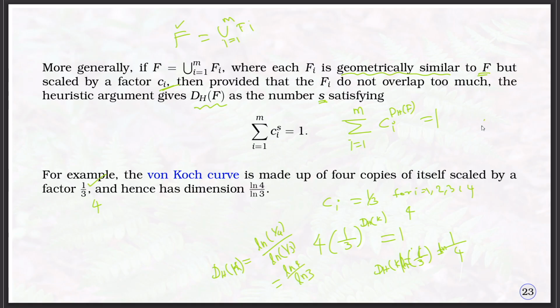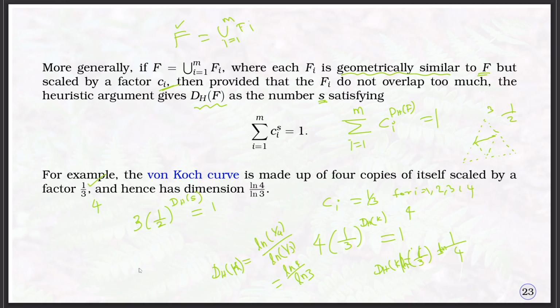Similarly, if you consider the Sierpinski triangle, here the scaling factor is 1/2. There are 3 copies in each stage. Therefore, 3 times (1/2) to the power dimH of the Sierpinski triangle S equal to 1.